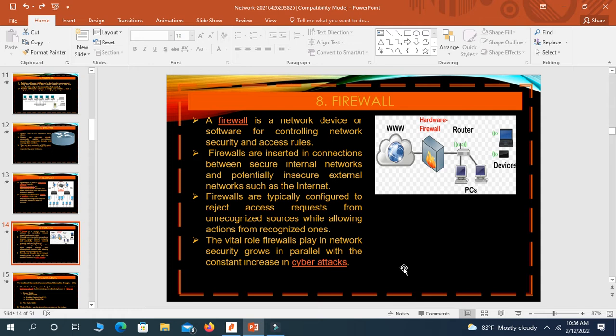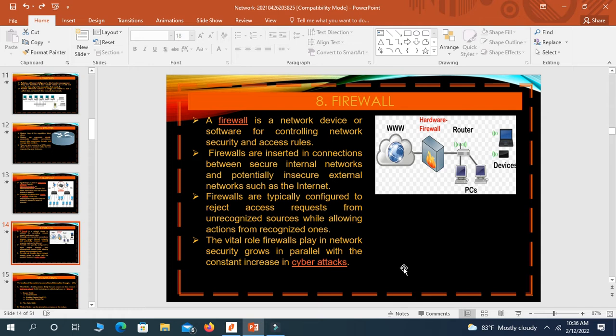A firewall is a network device or software for controlling network security and access rules. Firewalls are inserted in connections between a secure internal network and potentially insecure external networks such as the internet.